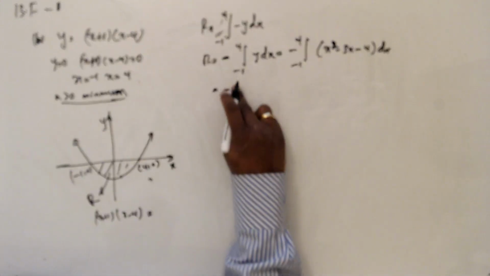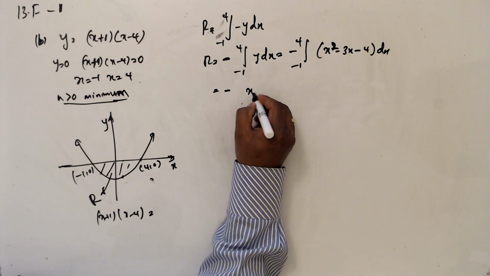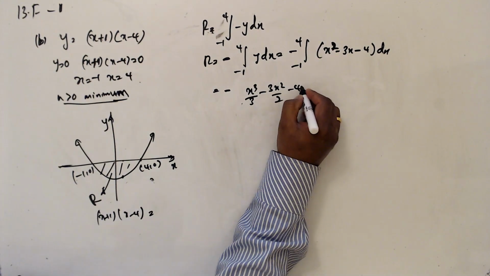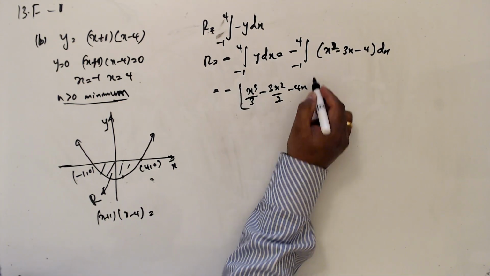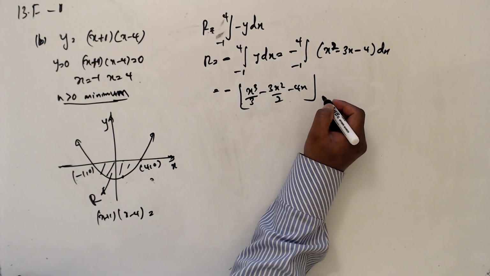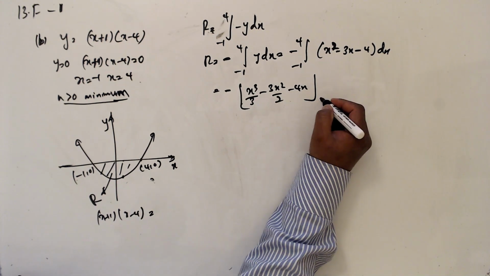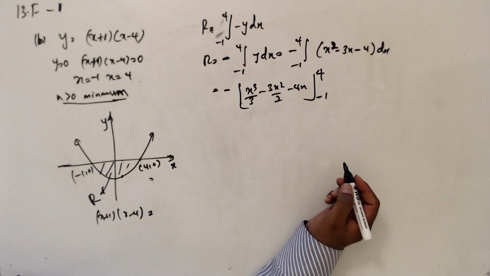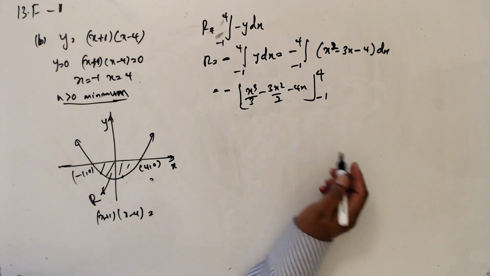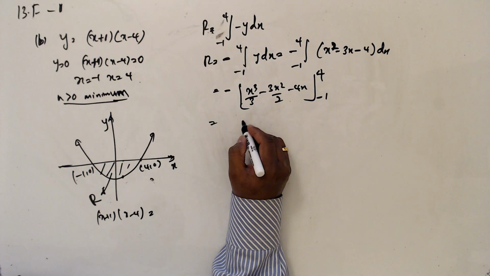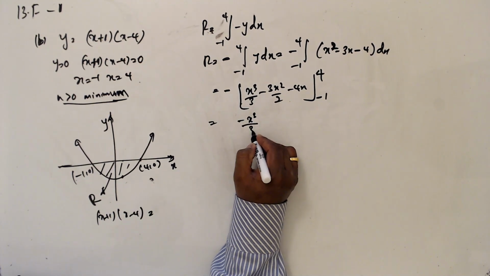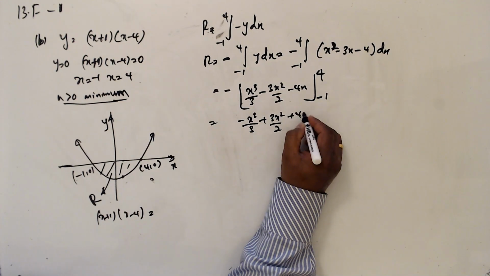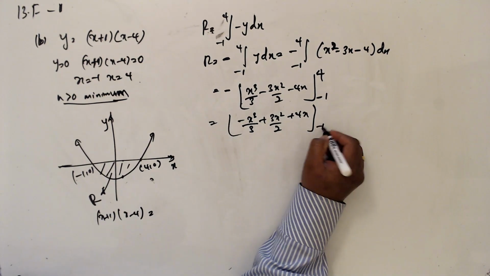So then this is going to be x cubed over 3 minus 3x squared over 2 minus 4x. I'll keep this minus as it is, from minus 1 to 4. I sub this minus inside: minus x cubed over 3 plus 3x squared over 2 plus 4x, from minus 1 to 4.